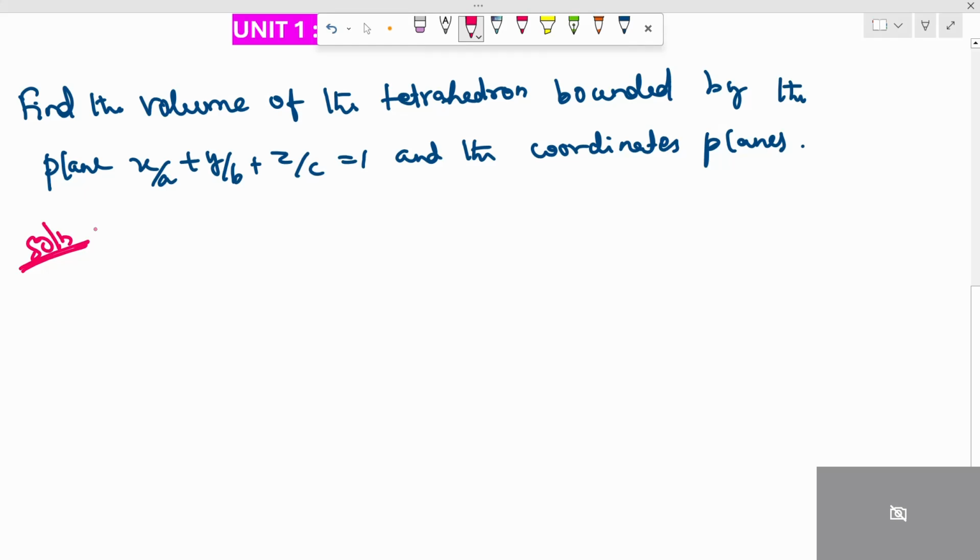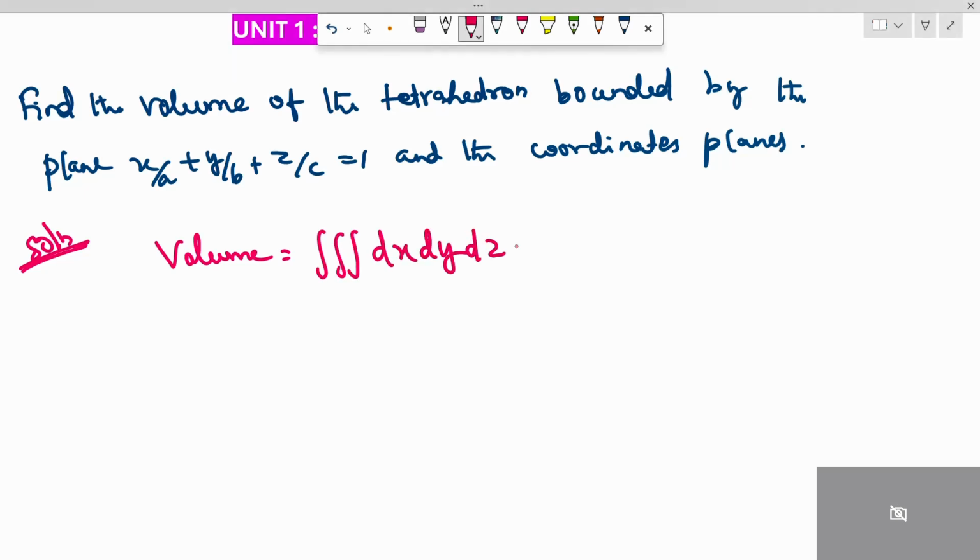In this problem, first thing you should remember the formula. Volume is equal to triple integral dx dy dz, or we can write in the order of dz dy dx or dy dx dz.